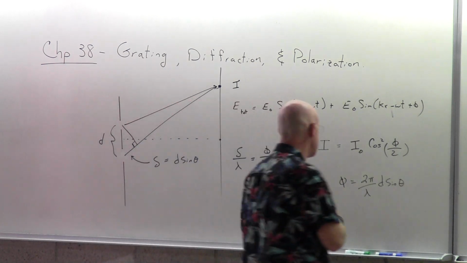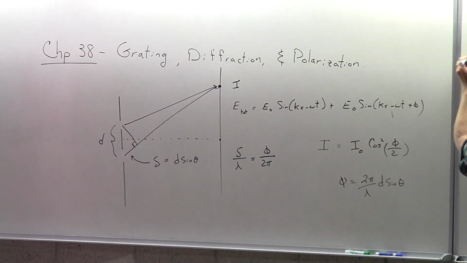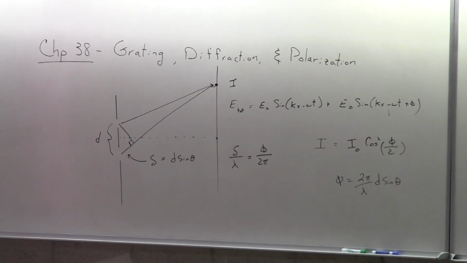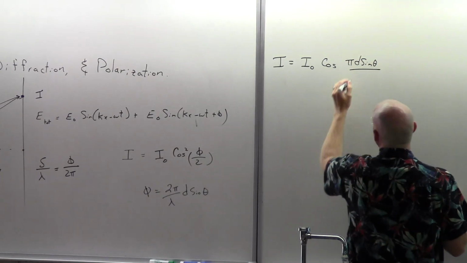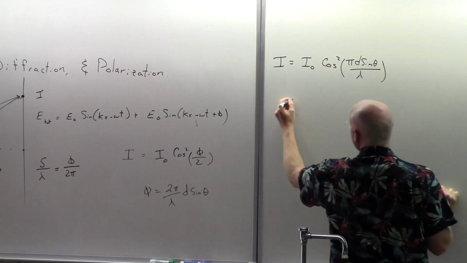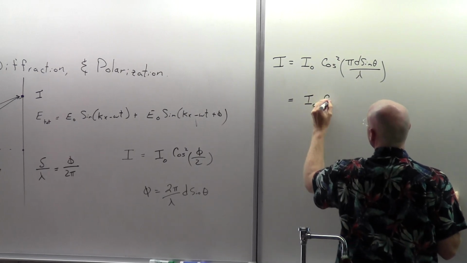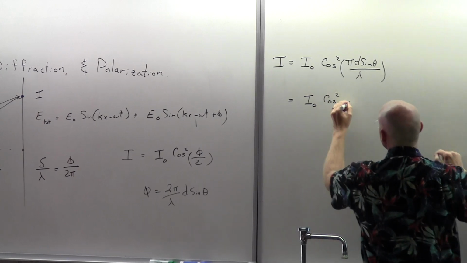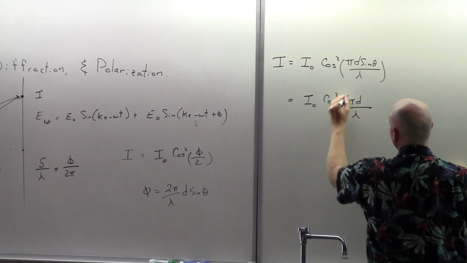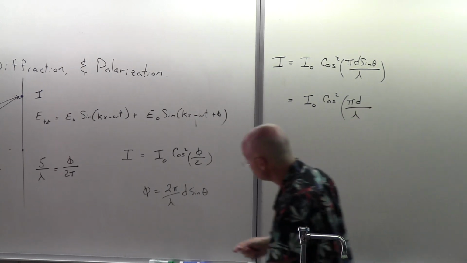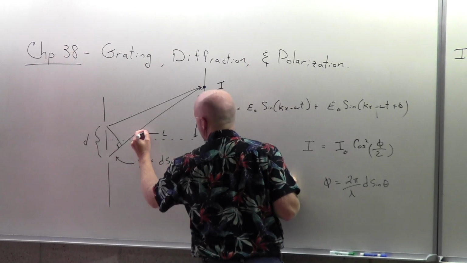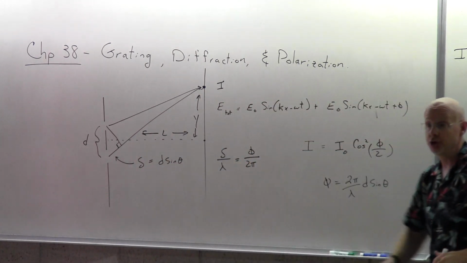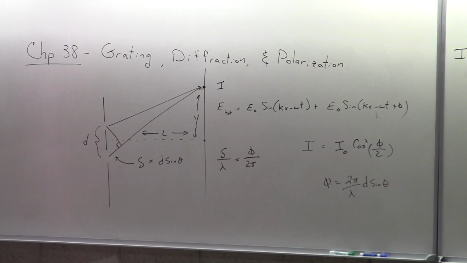In fact, you saw this equation put together so that it looked like this. You substituted it in, and you had pi times d times sine of theta over lambda. In fact, you even went one more step, and we replaced sine theta with the distance up the screen divided by the distance to the screen.